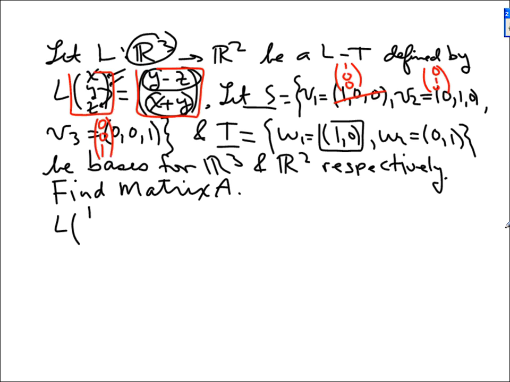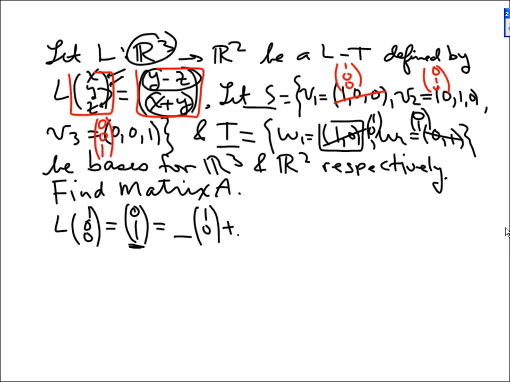So L of v1, 1, 0, 0, we discovered that was 0, 1. And likewise, let's write these vertically. Now I want to write this vector in terms of basis T. That is some scalar times 1, 0 plus some scalar times 0, 1.